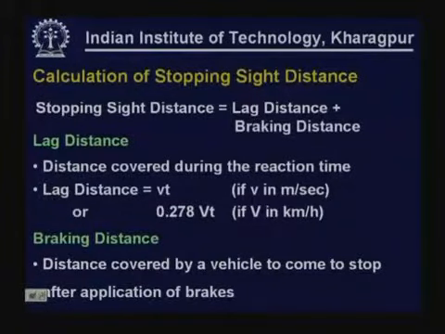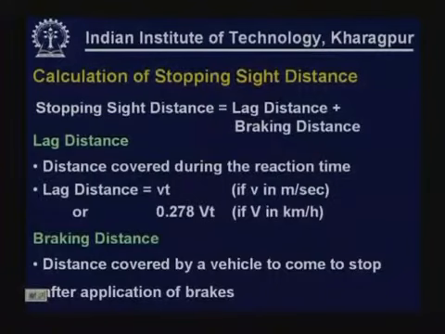How is the stopping sight distance calculated? As I mentioned earlier, it is the distance the vehicle travels during the thinking time, or in a more refined form, the perception reaction time. We have understood what perception reaction time is.